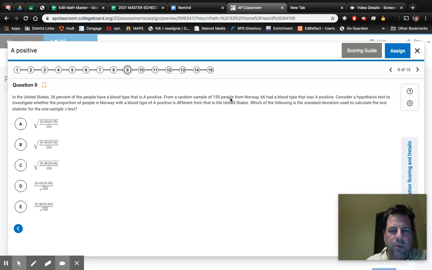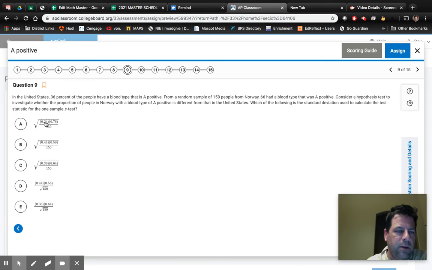A random sample of 150 from Norway, 66. So 66 out of the 150 in Norway. Consider a hypothesis test to investigate whether the proportion of people is different from the United States. So that's a 2 sample. Which of the following is a standard deviation used to calculate the test statistic for the 1 sample Z test?